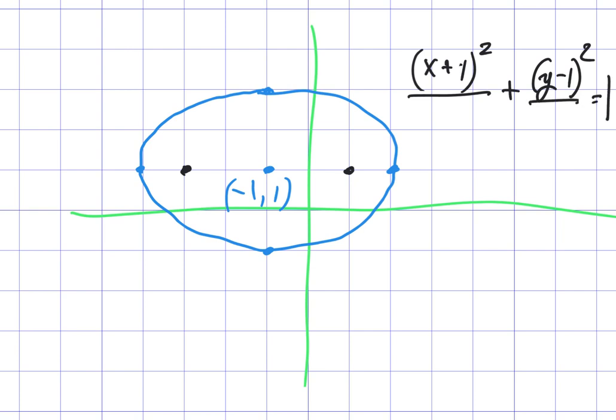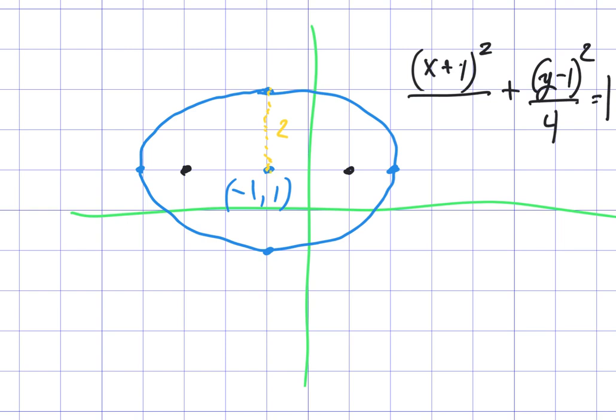And then I've got to figure out what's the something that's underneath. So if I say, well, how long does that appear to be if this is an accurately drawn graph? That's about 2. So that means in the y direction, it's going 2, so the number under the y is 2 squared. 2 squared is 4.